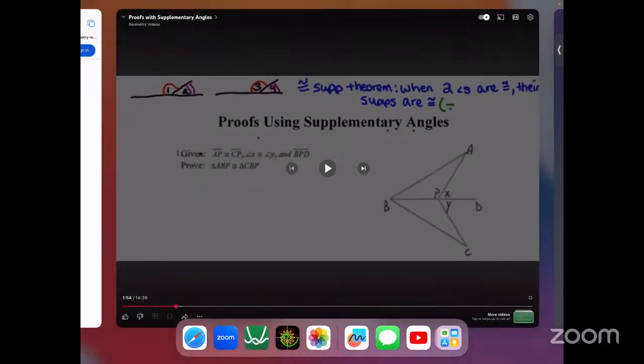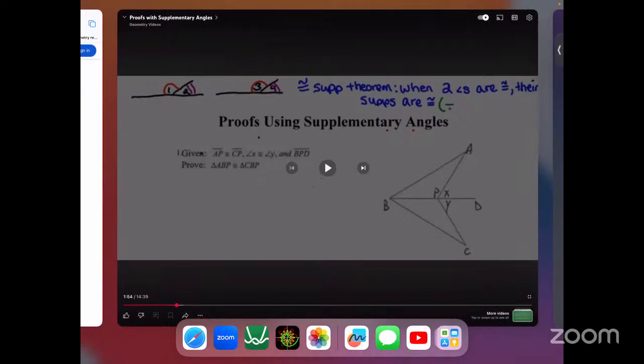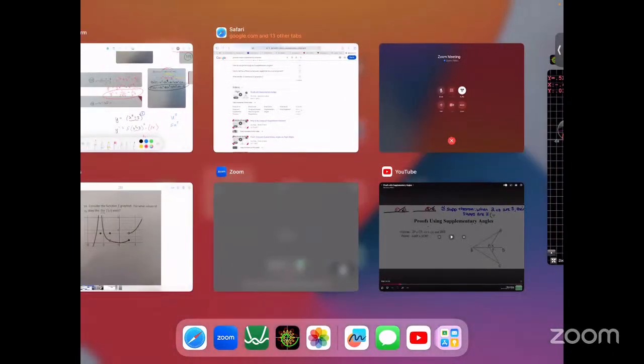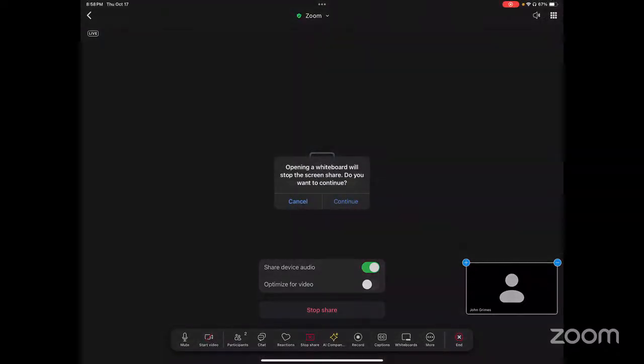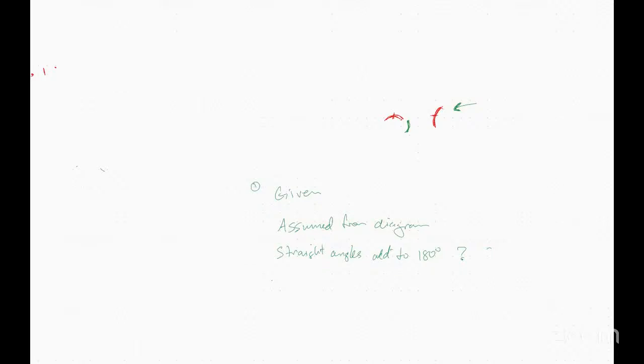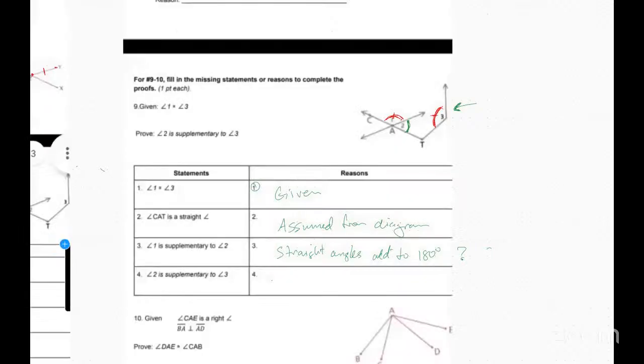Yes, sir. But this one, what we're trying to prove on ours was slightly different, I feel like. Because we're trying to prove, let me look for the whiteboard again. We're trying to prove that angle 2 is supplementary to angle 3. Yes, sir.